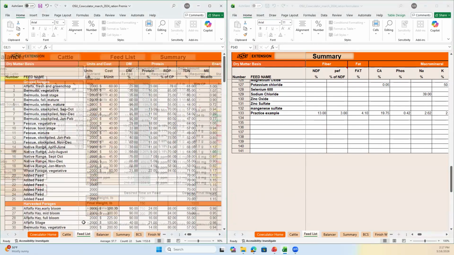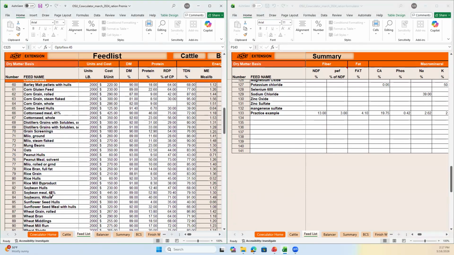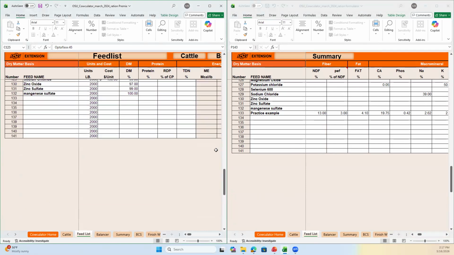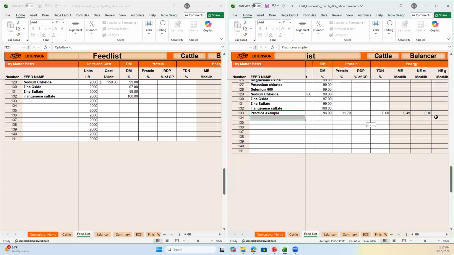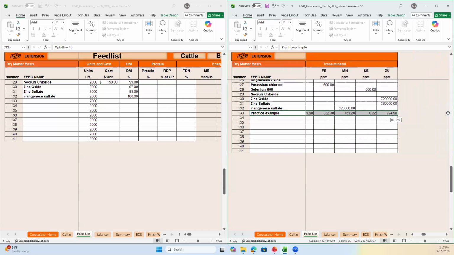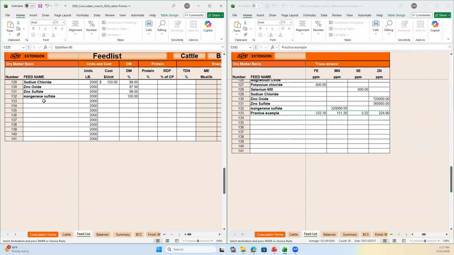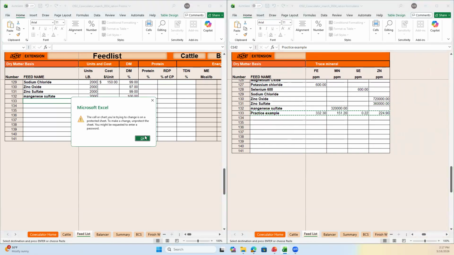I have this other sheet open. I'm just going to take this, which I entered over here, and paste it into here.